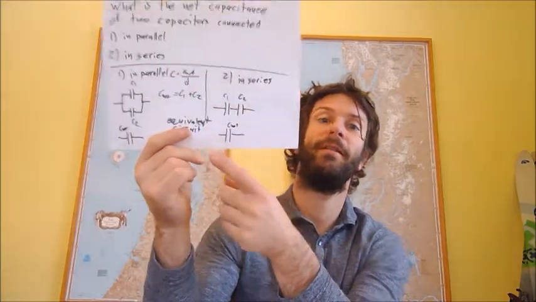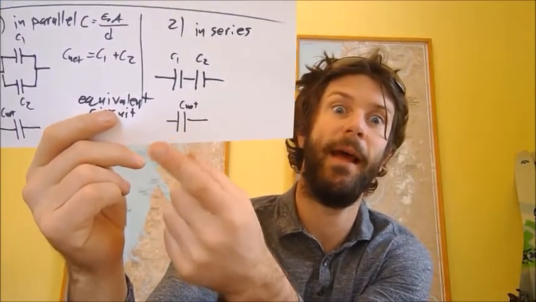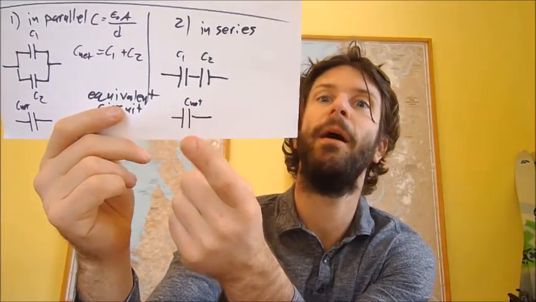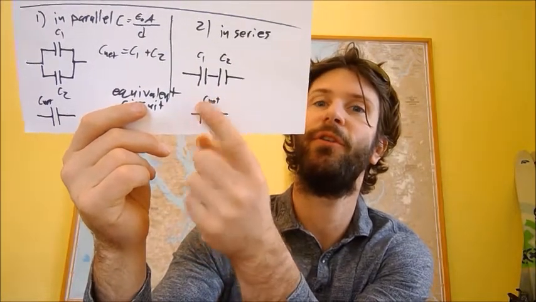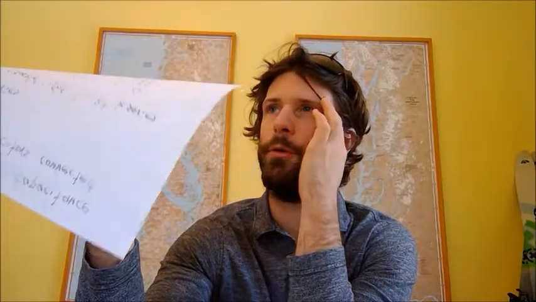So our qualitative understanding is that the net capacitance is going to be smaller than C1 or C2. But let's go through the algebra of what we know and figure out what C net ends up being.